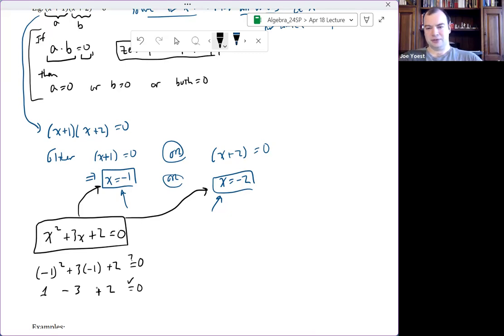Let me try plugging in -2. Does that give me a correct equation? -2 all squared is +4. 3 times -2 is -6, plus 2. 4 plus 2 is 6, minus 6 does equal 0.